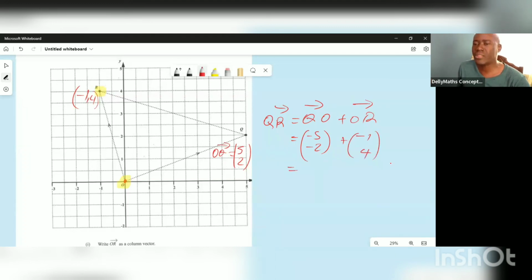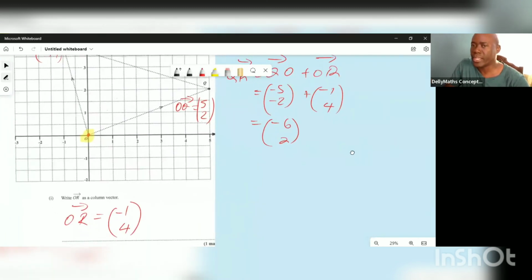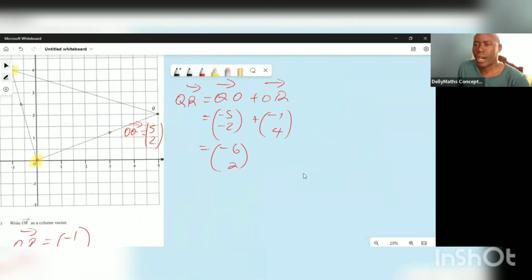If we add these together, negative 6, plus 2. All right, so (-6, 2). Now, the question never asks us for the components. It asks us for the magnitude of QR, so we're going to employ Pythagoras' theorem: negative 6 squared plus 2 squared.